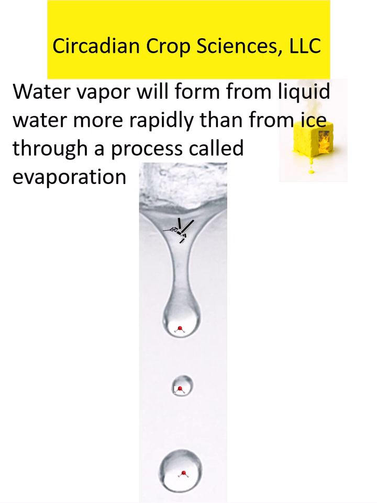Water vapor will form from liquid water more rapidly than from ice through a process called evaporation. You're familiar with evaporation from having water on your skin turn directly to water vapor. That process cools your skin because it takes heat from the surrounding environment.